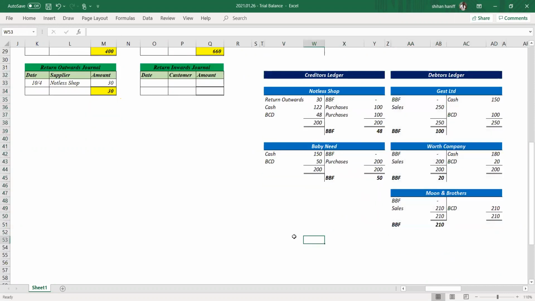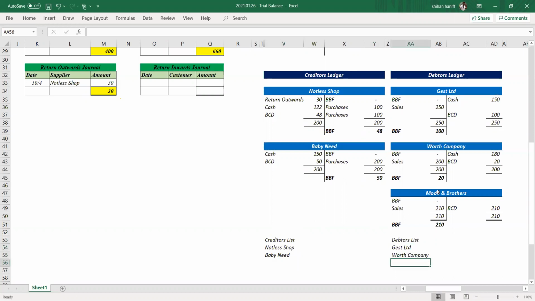Now if you prepare the debtors and creditors list, because we need to check this with the control account. Not Plus Shop and Baby Needs.